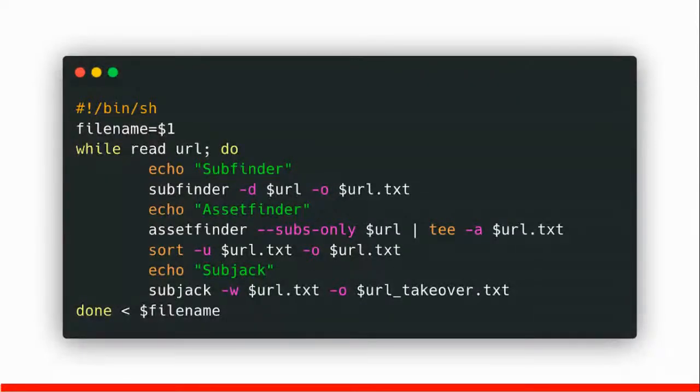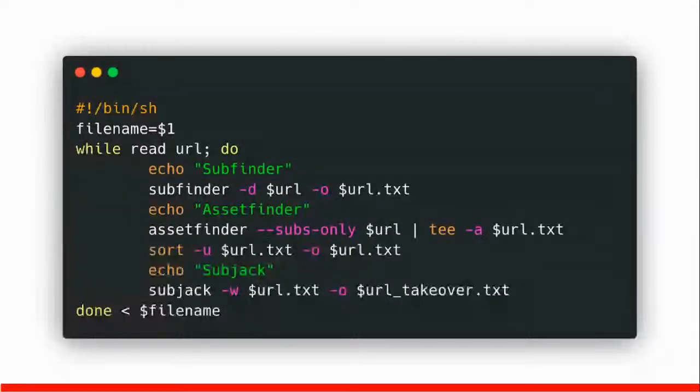The first part is /bin/sh, which tells the terminal that we are executing a shell script. The next part is the file name. I want to run the script as /script name and pass it the list of my targets.